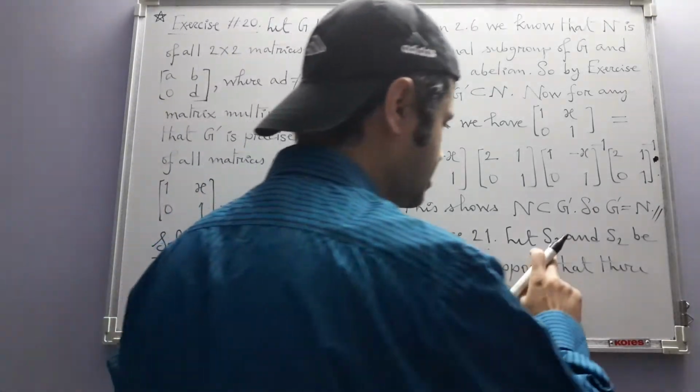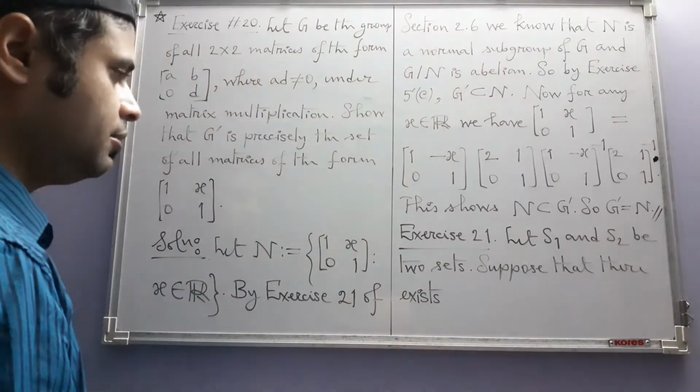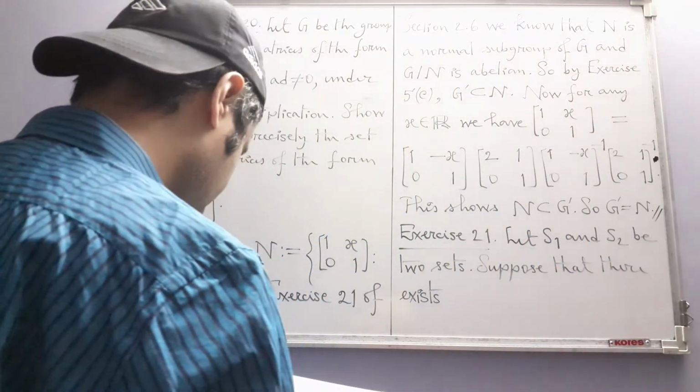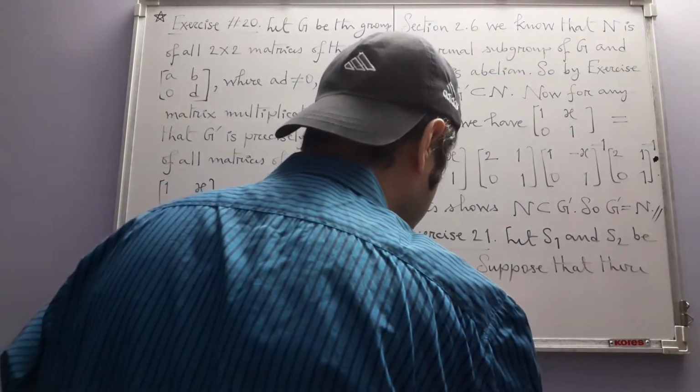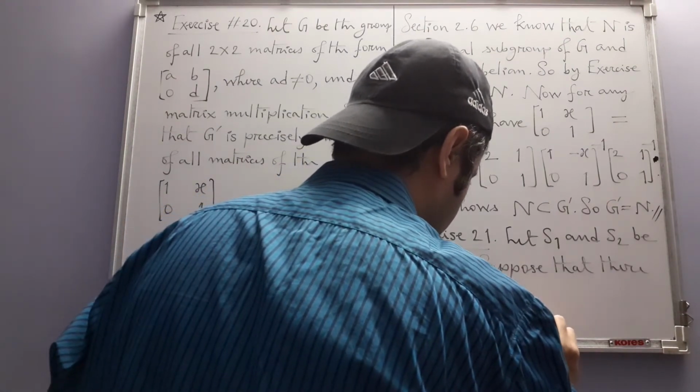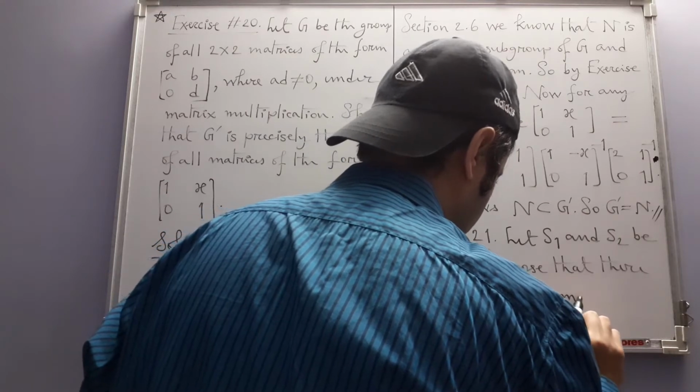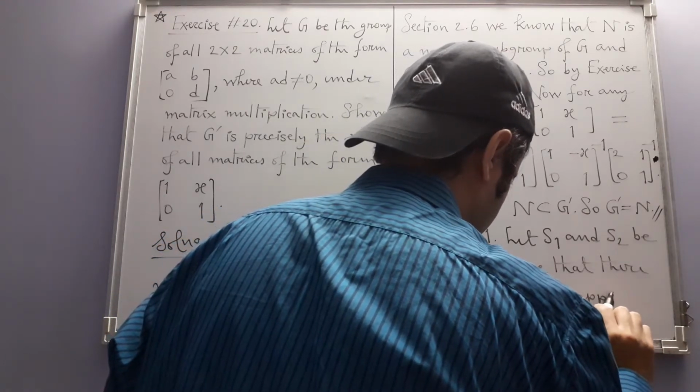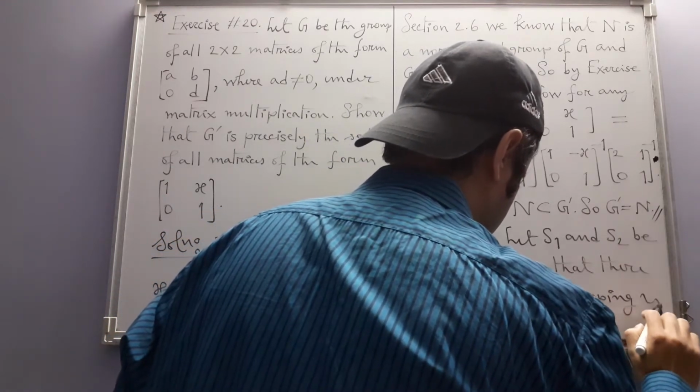So for us, S1 and S2 are going to be non-empty, and there exists a one-to-one mapping psi of S1 into S2.